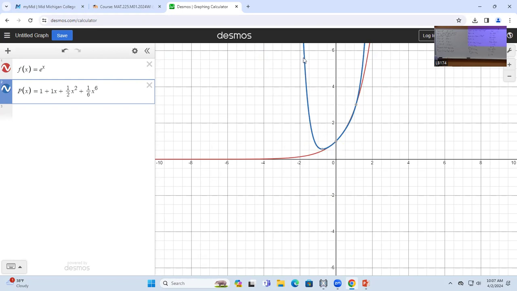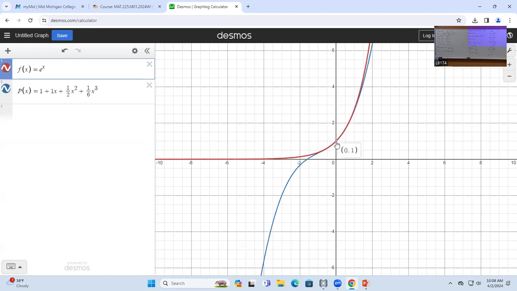So here's my polynomial in blue. That's 1 plus 1x plus 1/2 x squared plus 1/6 x to the third. And here in red is my function. What you see is, obviously these don't match up very well if we're out here at like -4.